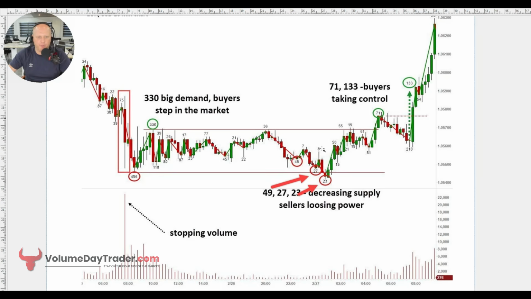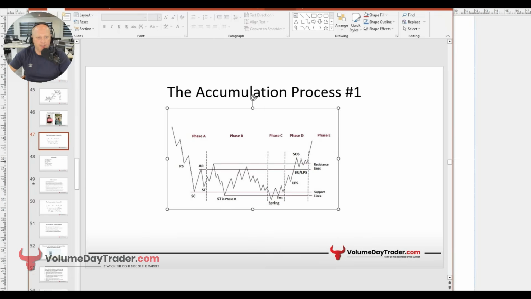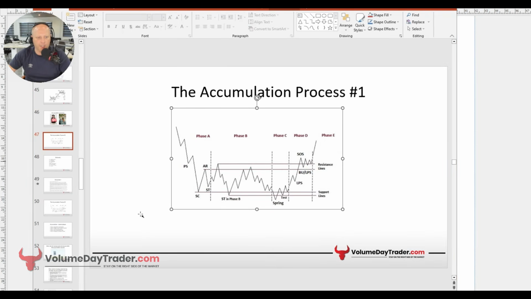It's a spring formation. That's why this is accumulation number one. When the market forms the low here, it creates what we call in Wyckoff analysis a spring formation. So this is phase C, and then the market rises immediately in phase D.